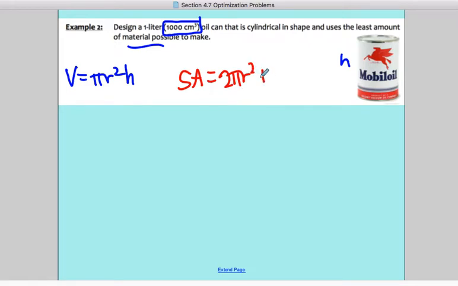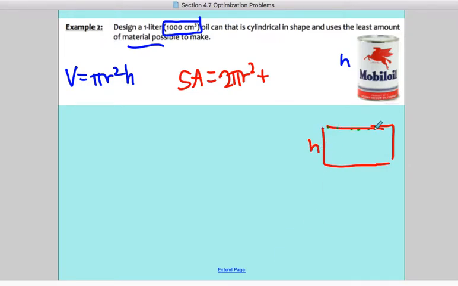r squared. Plus, now how do I figure out the circular part, or sorry, the lateral surface area of this can? The top is a circle. This middle part, if I were to cut it open and open it, it would actually be a rectangle. And we know that this is the height of h.